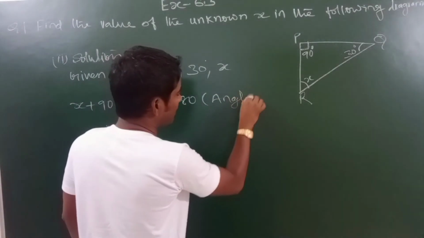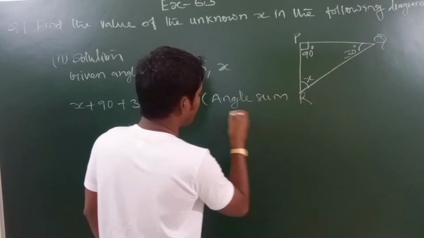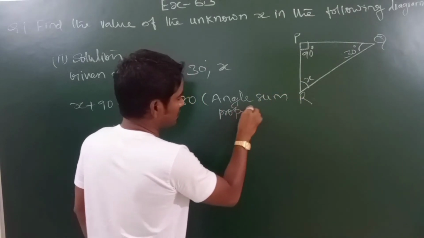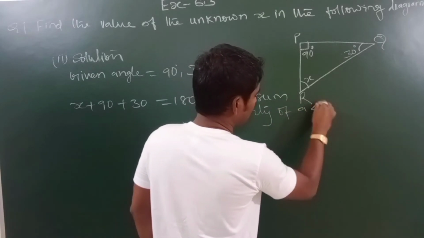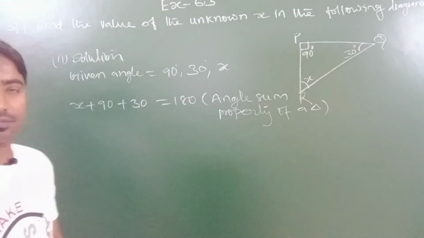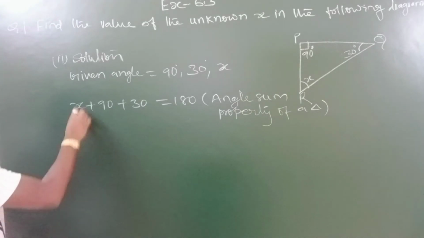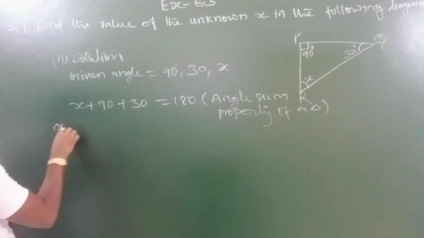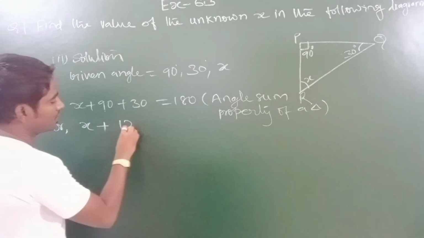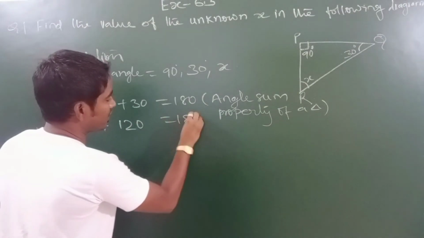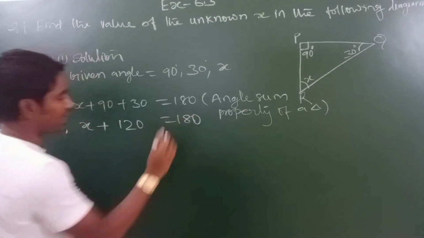Because of the angle sum property of a triangle. This will be the reason. Now you add these two, students, as both of them are constants. So 90 plus 30 you will get 120, so x plus 120 equals 180 as it is.